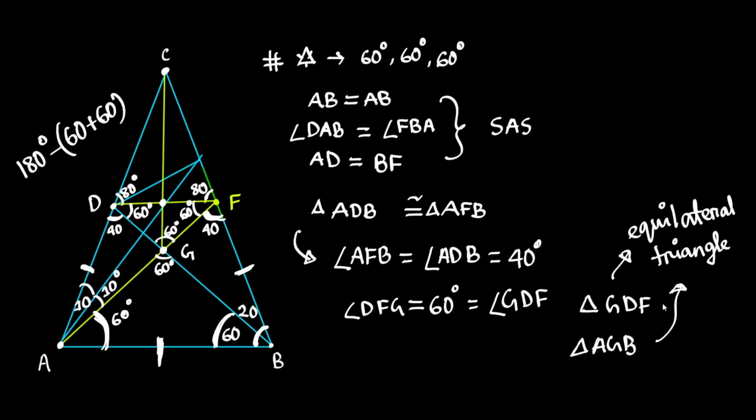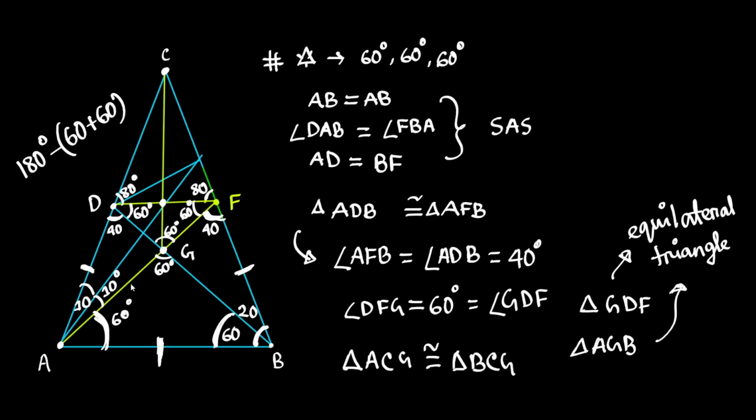Let's think if we can find out any other things here. From just seeing the figure, we can already say that two triangles are congruent. What do I mean? Triangle ACG and triangle BCG are congruent.